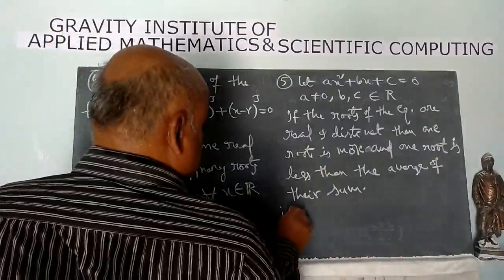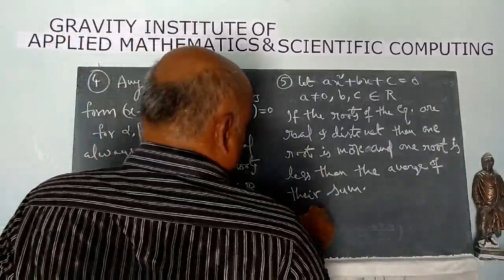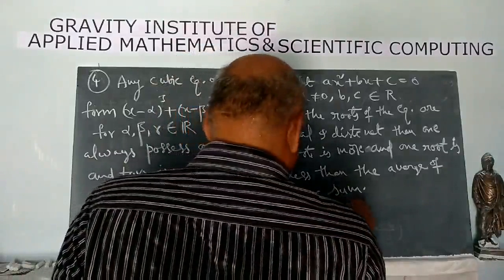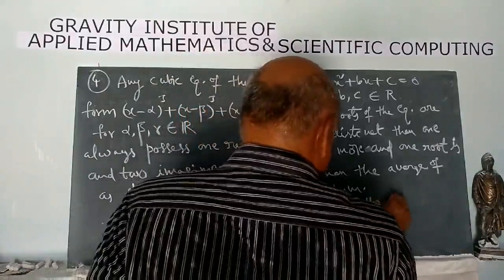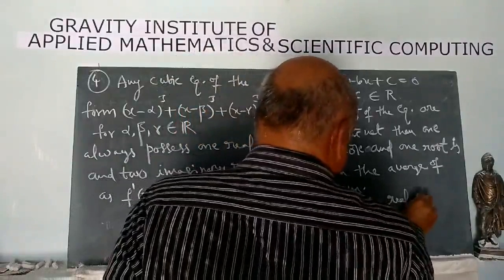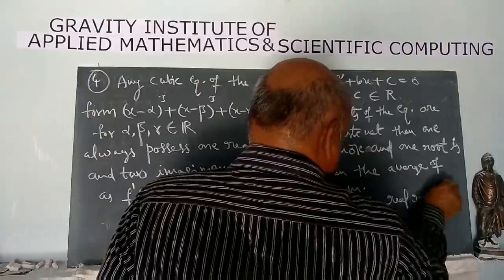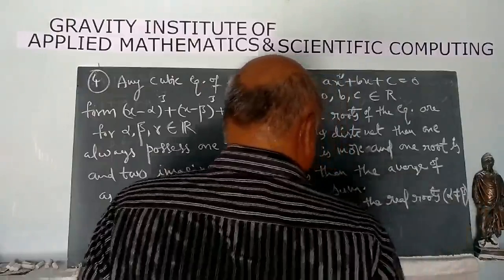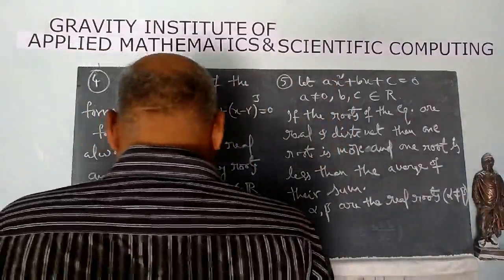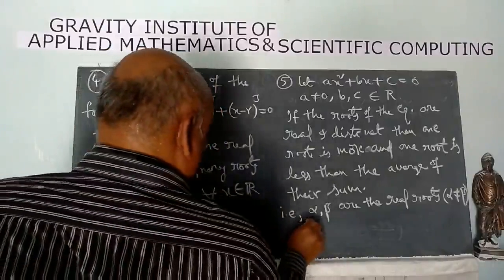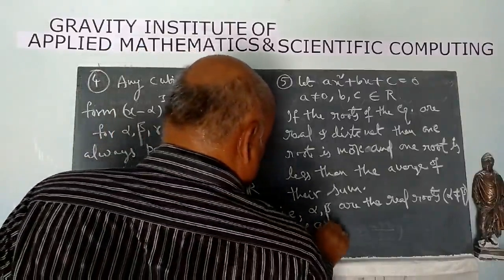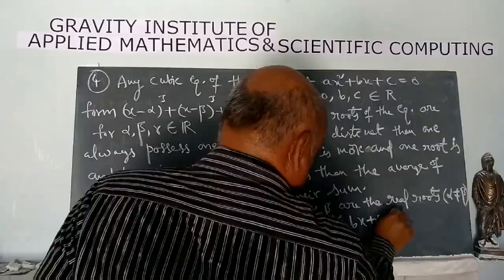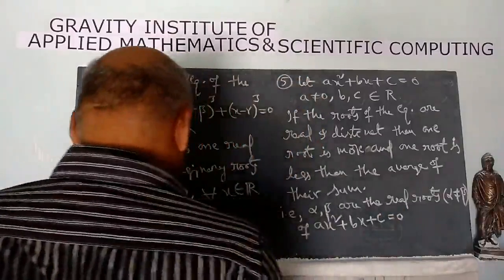That is, alpha, beta are the real roots. Here alpha is not equal to beta of ax square plus bx plus c is equal to 0.